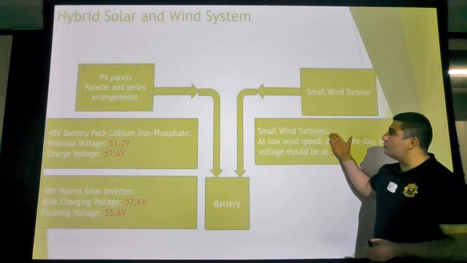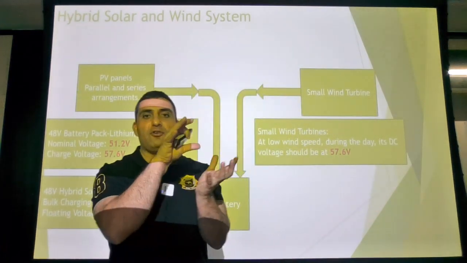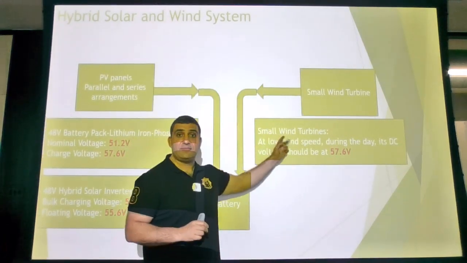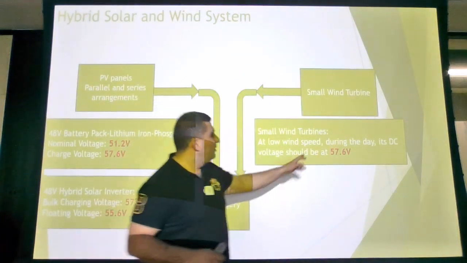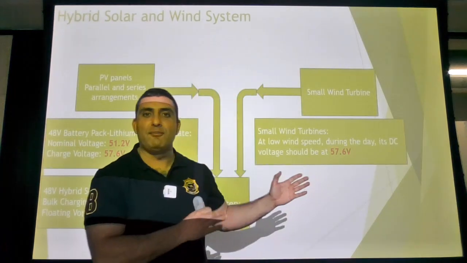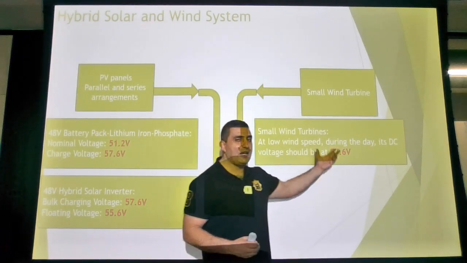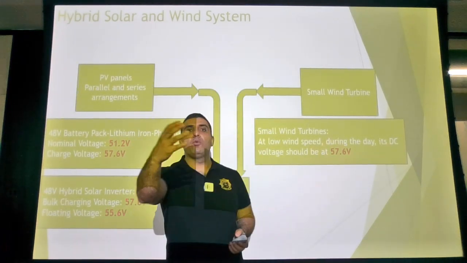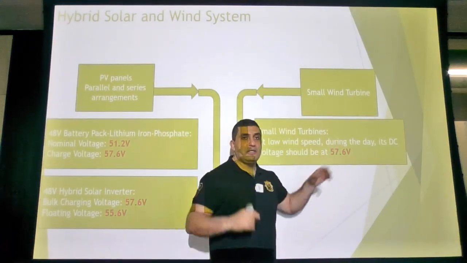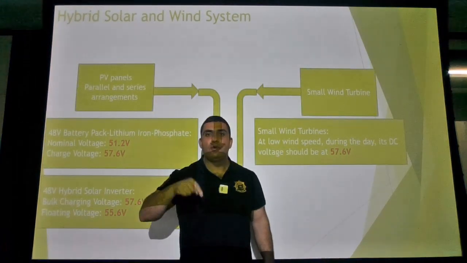I need to make sure, under low wind speed, that because the internal generation voltage of your wind turbine increases with the wind speed, to reach 57.6, if you don't have the boost or the buck or the advanced power electronic circuit, and you have a normal full bridge rectifier, the three-phase AC voltage increases with the wind speed.